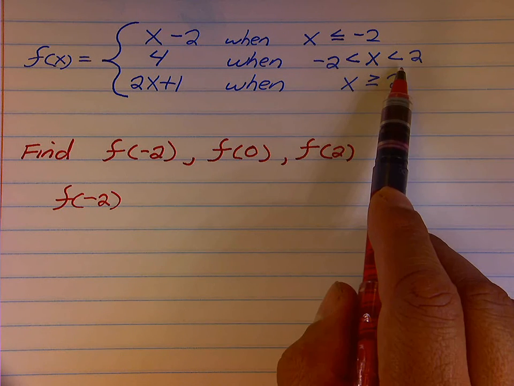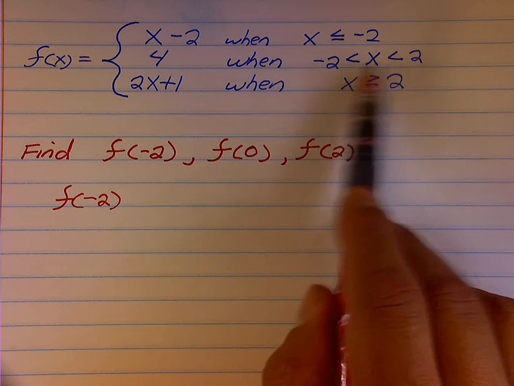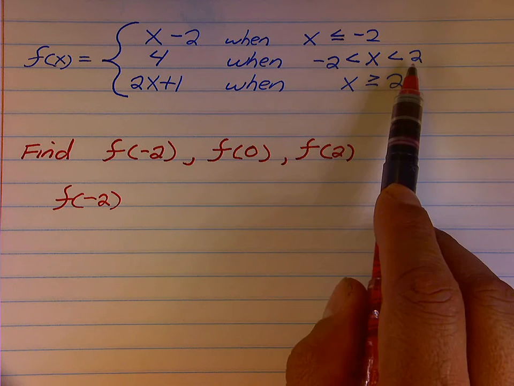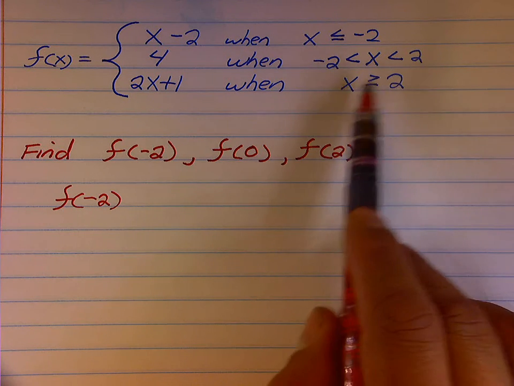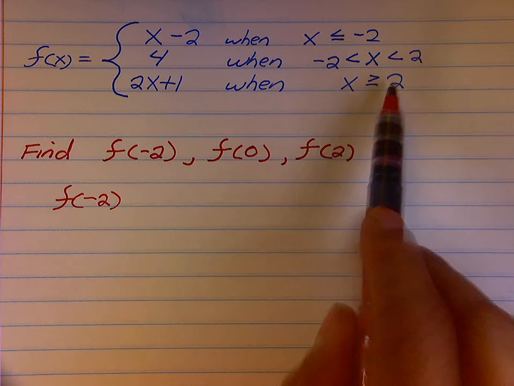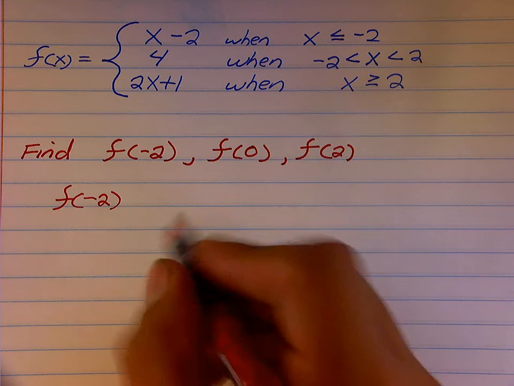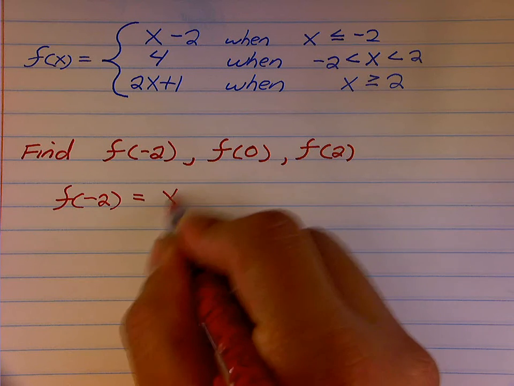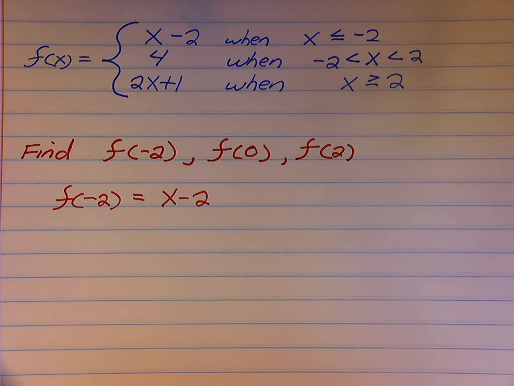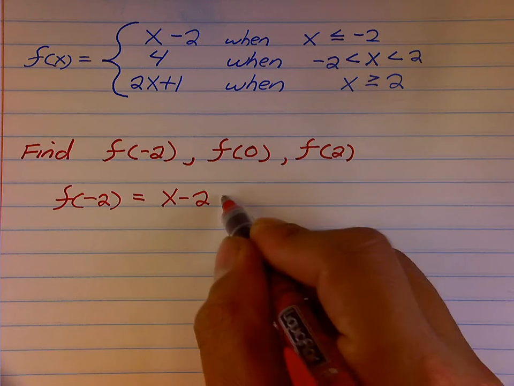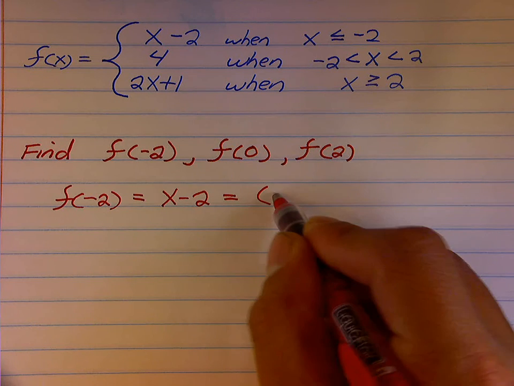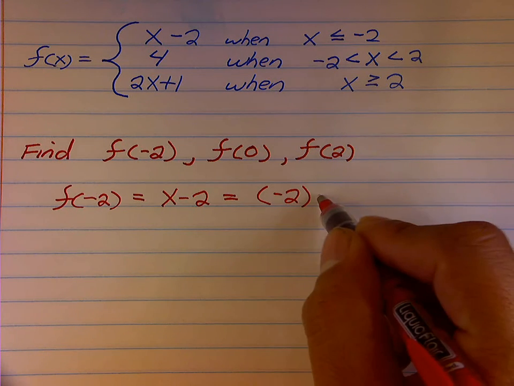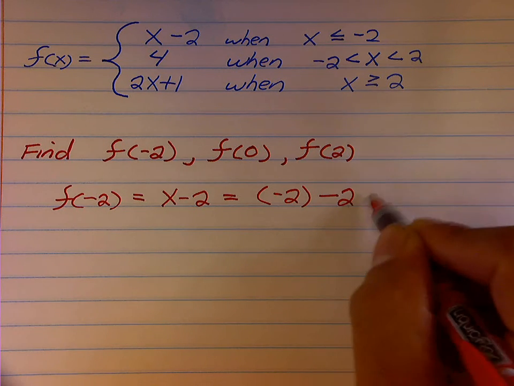It does not satisfy this condition because negative 2 is not in this range, in this interval. Negative 2 is not over here. So the only piece that it satisfies is the piece x minus 2. And inside that piece, I will plug in negative 2 for x.